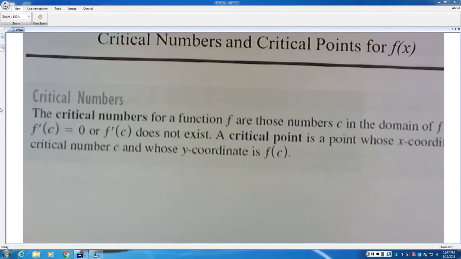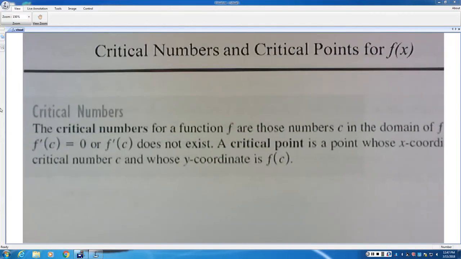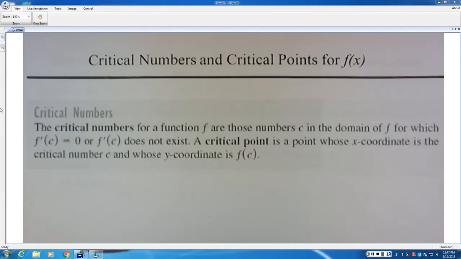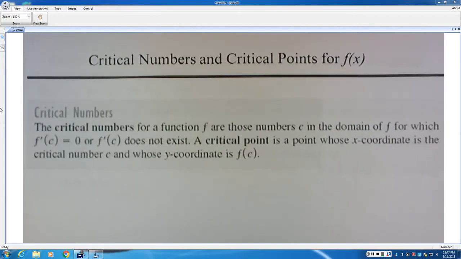So that's actually what this whole first section is about, is finding something called critical numbers. The critical numbers for a function are any numbers in the domain of the function, meaning it's not points of discontinuity.